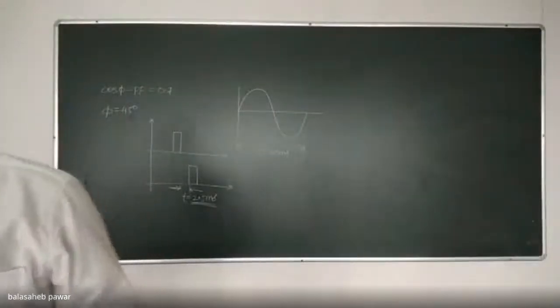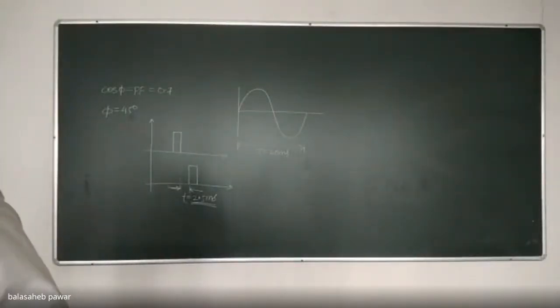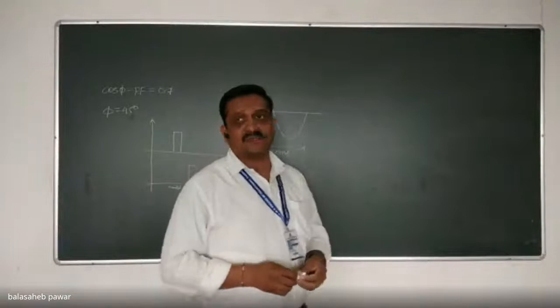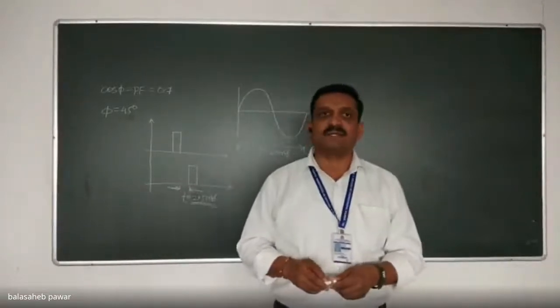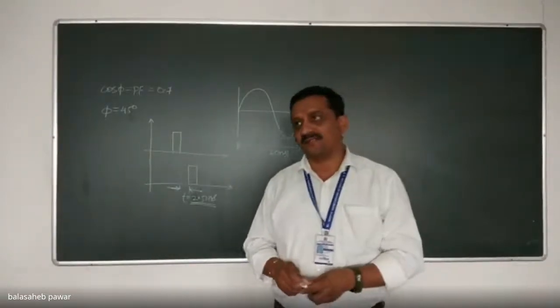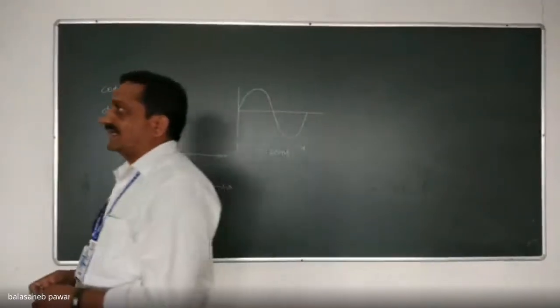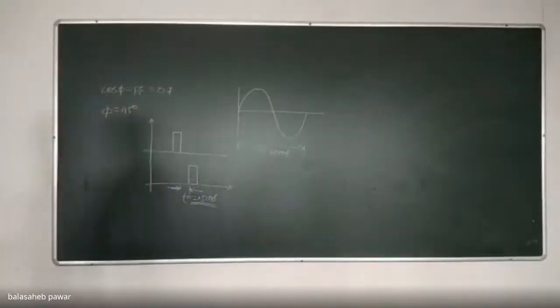Now, there are various methods to improve the power factor. If the time difference we got is greater than 2.5 milliseconds, that means the power factor is below 0.7. Am I right? The expected threshold level we consider as 0.7, so the power factor should be between 0.7 and 1.